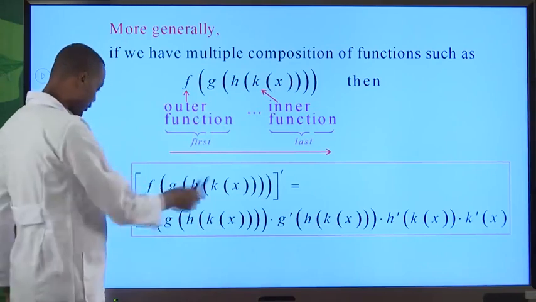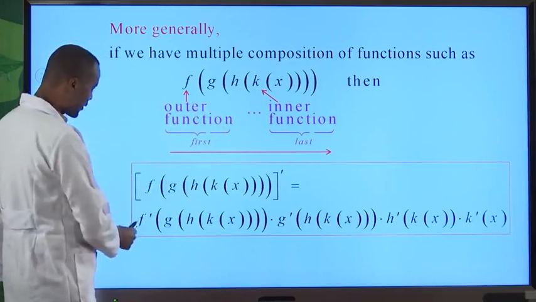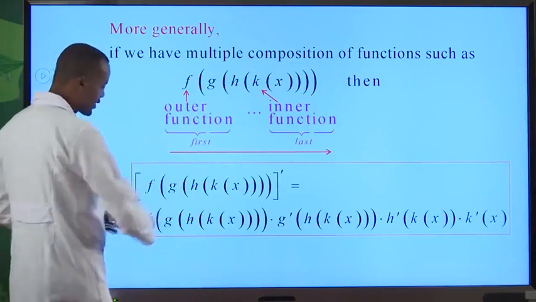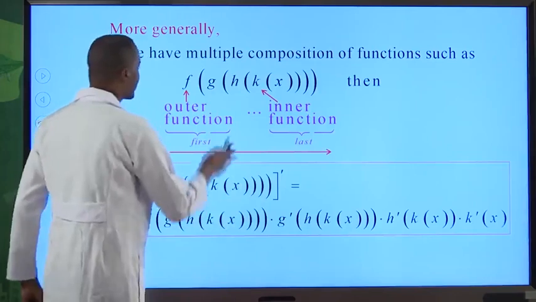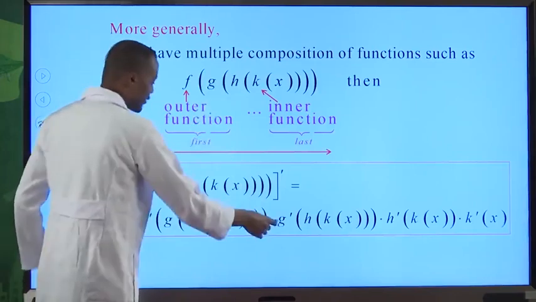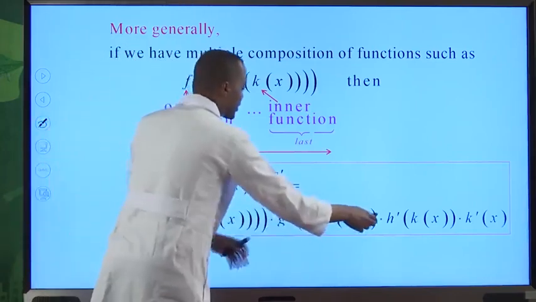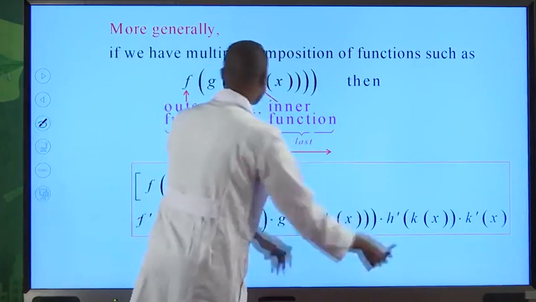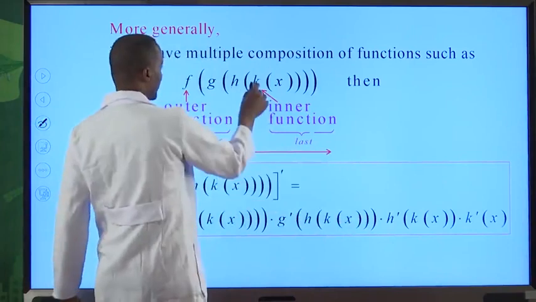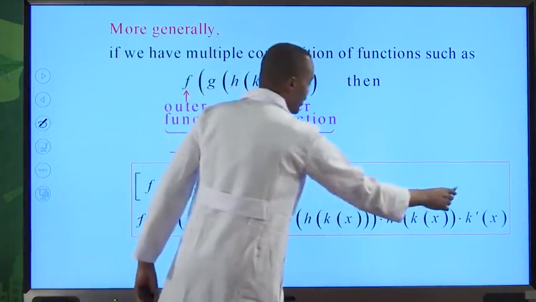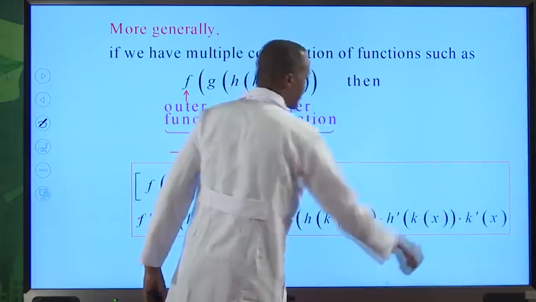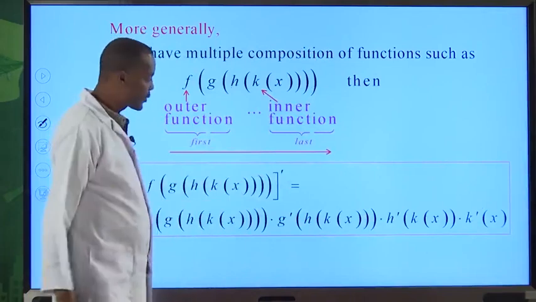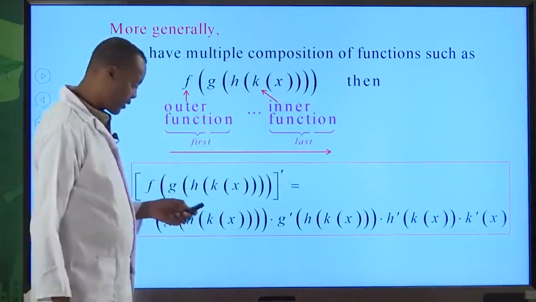So the derivative of this kind of function is f' of the very outer function as an argument of everything inside, multiplied by g' of what is inside g, multiplied by the derivative of h of what is inside h, multiplied by the derivative of k as an argument of what is inside, and so on. That is the way these kinds of derivatives take form.